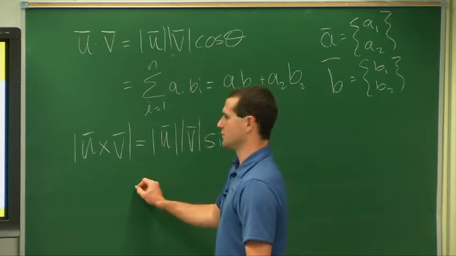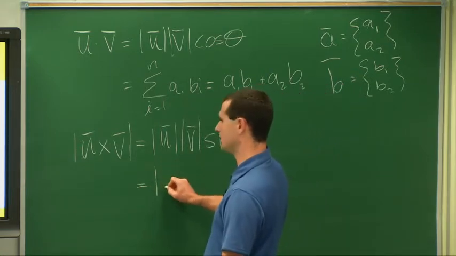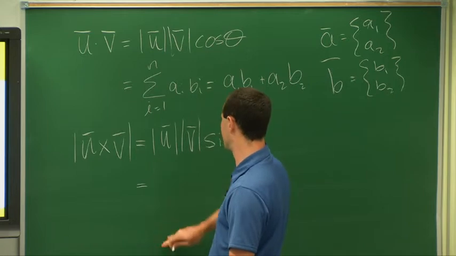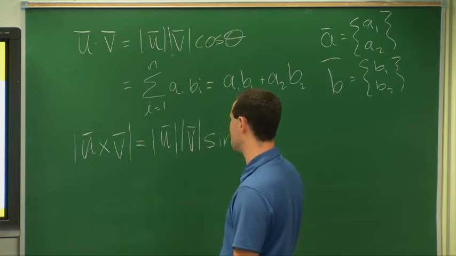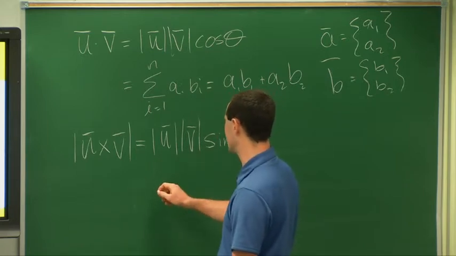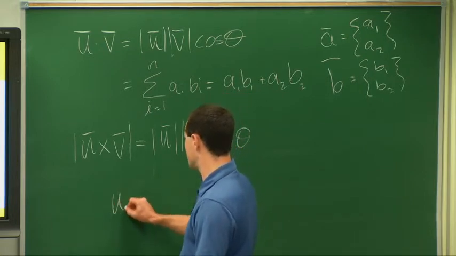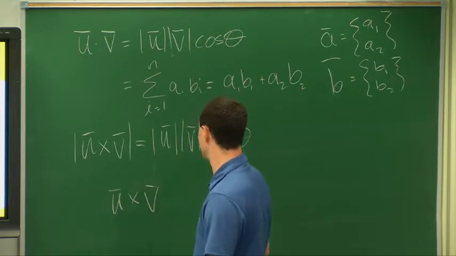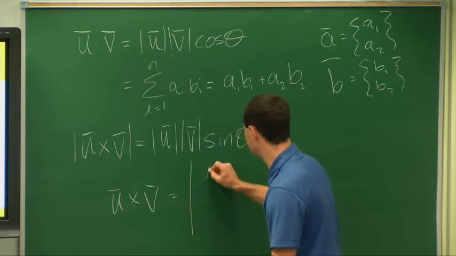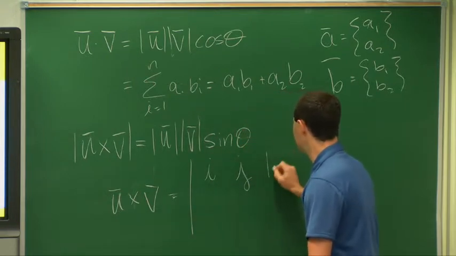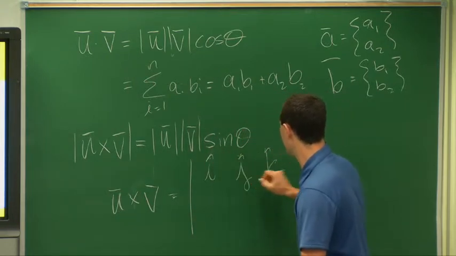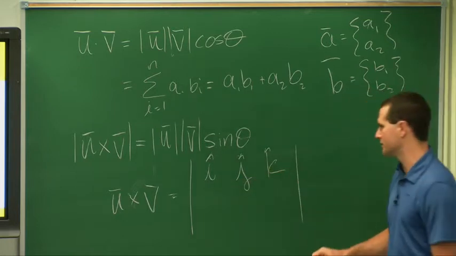And the algebraic interpretation is actually the result of solving for the cross product. So the cross product is the determinant of this new matrix we make with all of the i, j, k unit vectors.